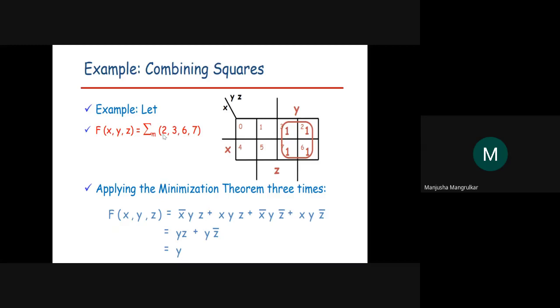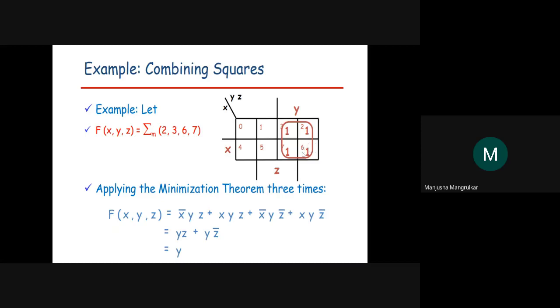Now if you write these terms: x complement y z, this term, plus x y z, this term, plus x complement y z complement, this term, and x y z complement, this term.